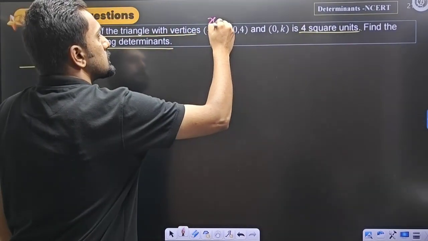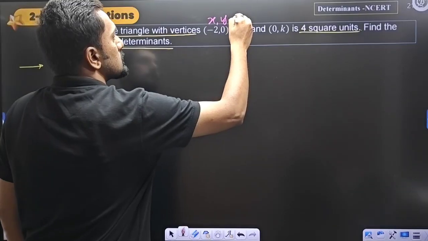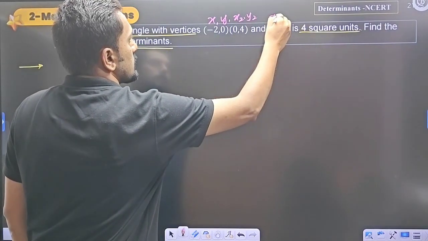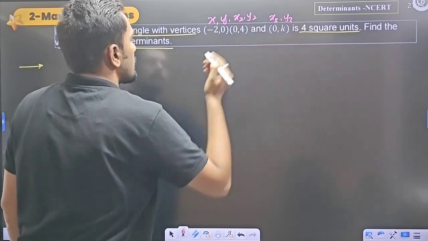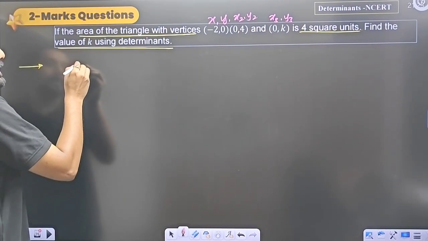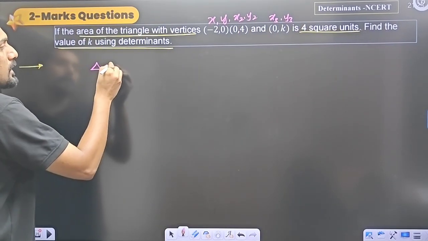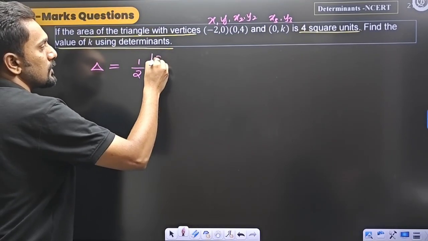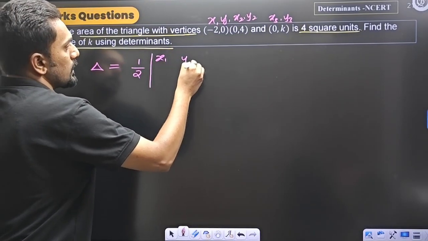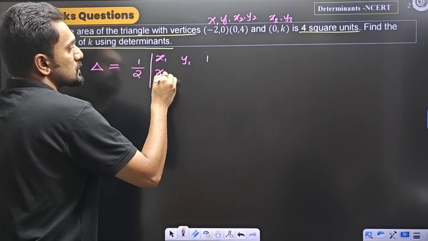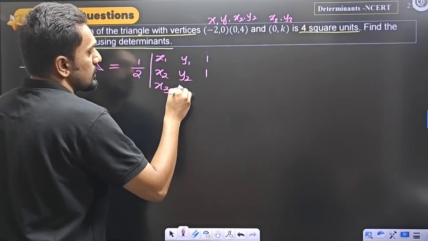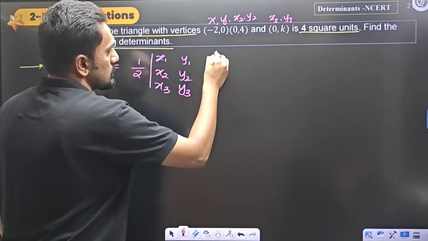Let me consider this as x1 y1 and this one as x2 y2 and this will be x3 y3, right? So we know that area of a triangle is equals to half into determinant of x1 y1 1, x2 y2 1 and x3 y3 1.